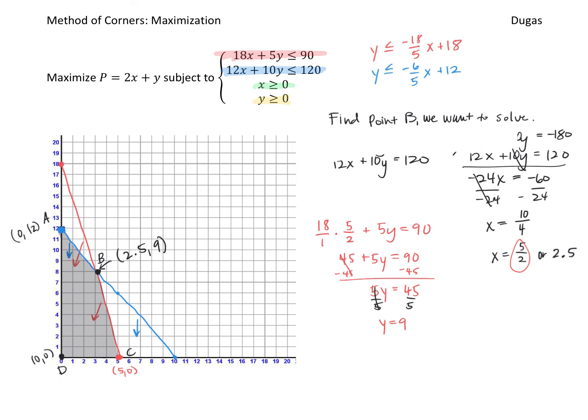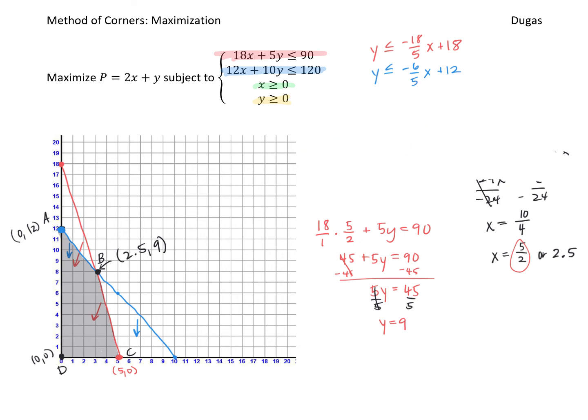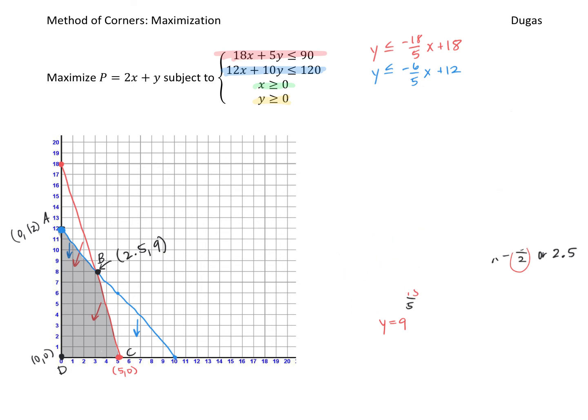Okay, so now that I have found all my points, what I want to do is see which of the points maximizes the function that I was asked to maximize. So I was asked to maximize p is equal to 2x plus y. So let's put all of our points down. We have point A is (0, 12).